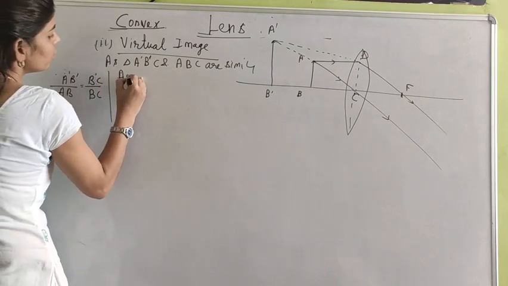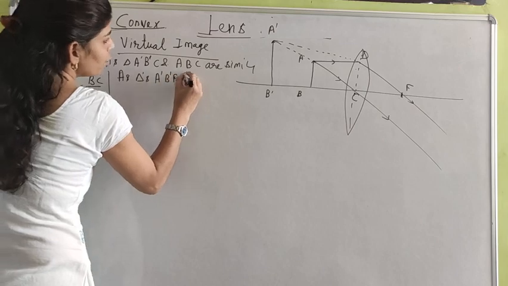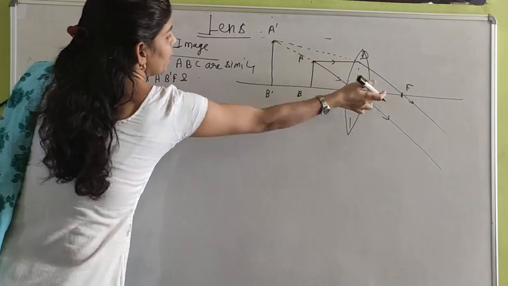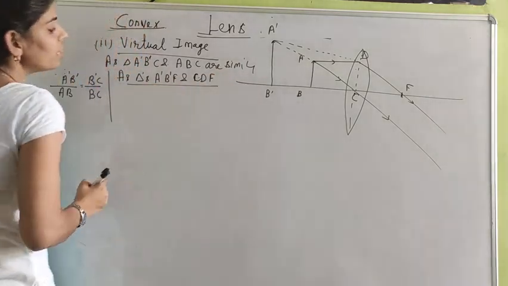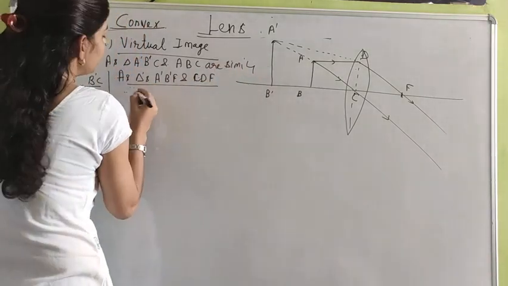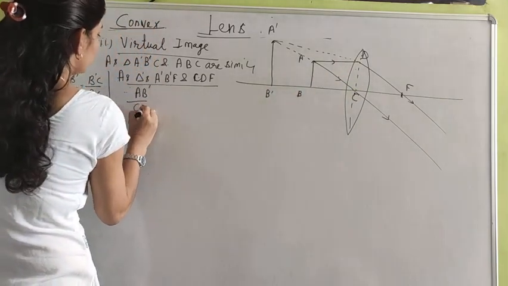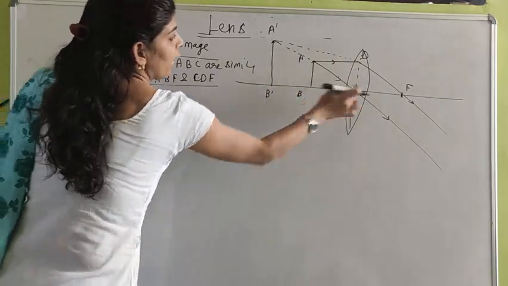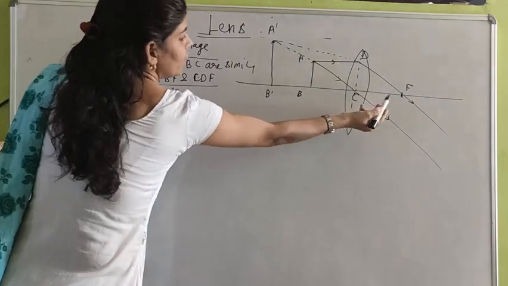So as triangles A dash B dash F and CDF are also similar triangles, therefore A dash B dash over DC is equal to B dash F over CF.